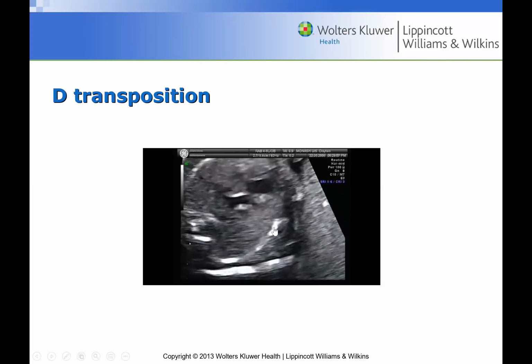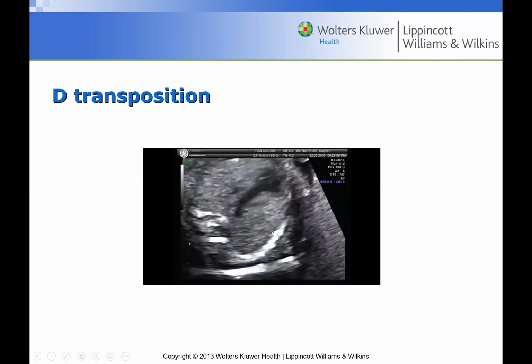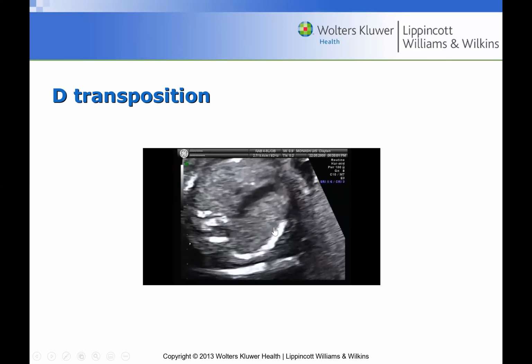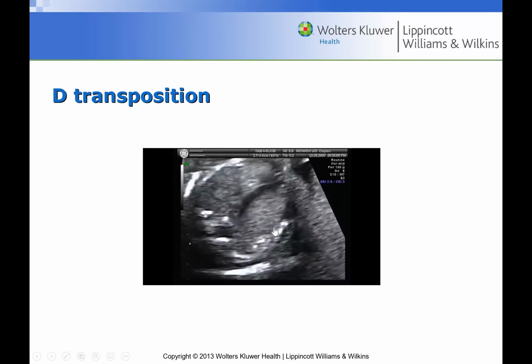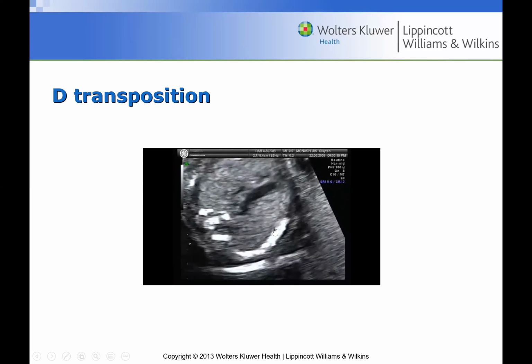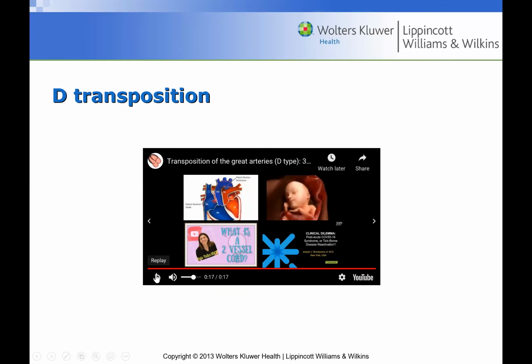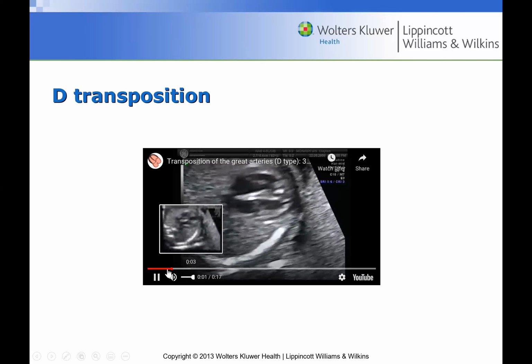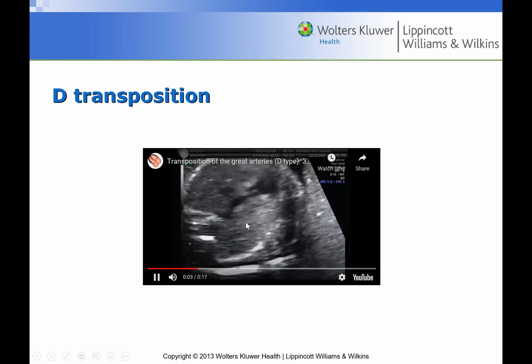There's the 4-chamber view. It looks normal. Let me see here. I'm going to redo that. Okay, so here is the 4-chamber view.